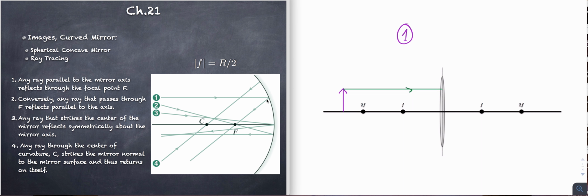And over here, light moved parallel, reflected through the focal point. For a lens, it refracts. We say it doesn't reflect, it refracts through the focal point. So that's your modification for 1.